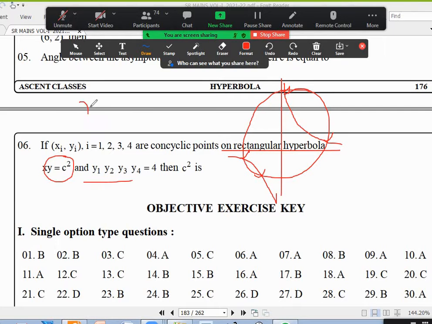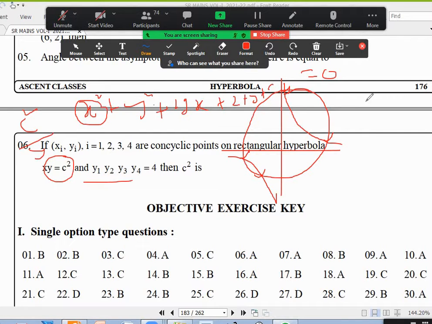You take the general circle equation: x square plus y square plus 2gx plus 2fy plus c equal to 0. When a hyperbola and a circle are intersecting, how will you find the points? By solving. How will you solve? Wherever x is there, based on the hyperbola, can I write c square by y?